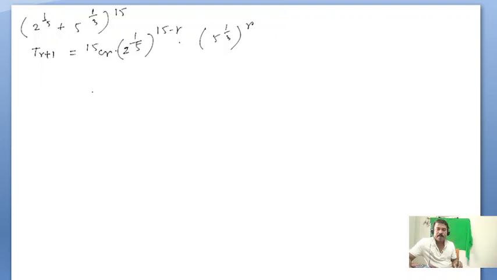Okay, that is 15Cr into 5 to the power r by 3 into 2 to the power 3 minus r by 5.